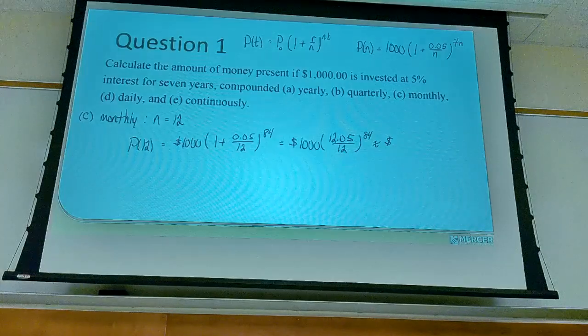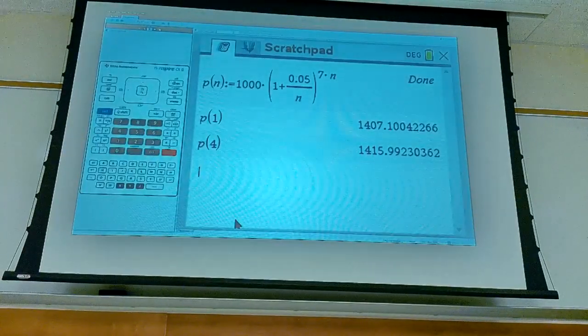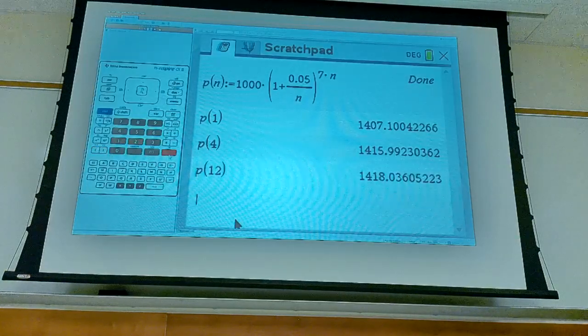Let's make sure you can see the screen. Right, so we want n of 12. $1,418 and let's call it 4 cents. Let's say that this bank is nice and they round that up.